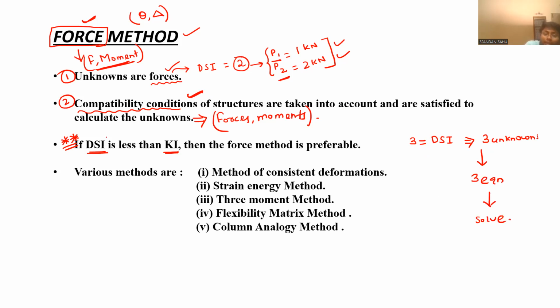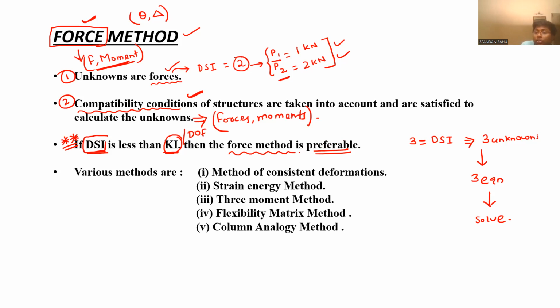If DSI is less than kinematic indeterminacy or the degrees of freedom, then force method is preferable because it will substantially reduce your calculation and it will be easier. Vice versa is not true. It is preferable, but you cannot say that if DSI is more or KI is less, then you cannot use force method.